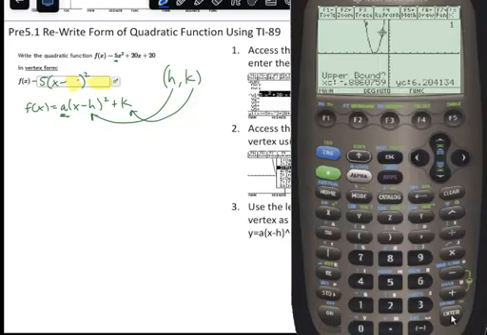There it is. Set my upper bound, and it's going to give me my vertex here. And notice I have -2, so x minus a -2. And then my y coordinate is 0. So I don't need to put anything else there. This would be all I need to fill in that answer.